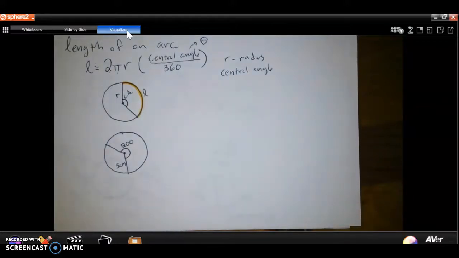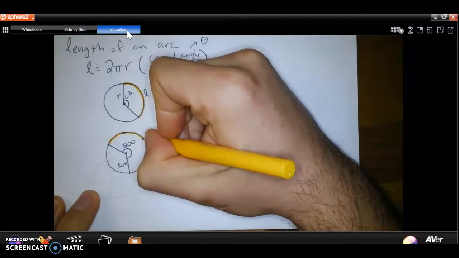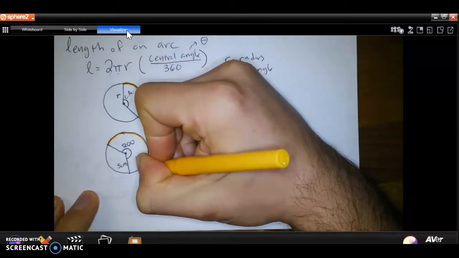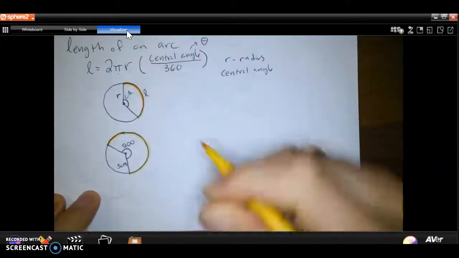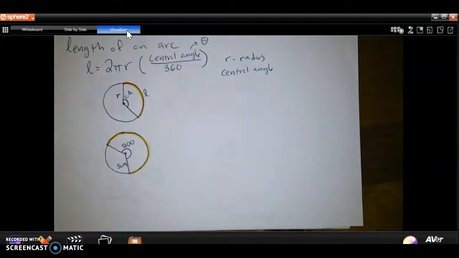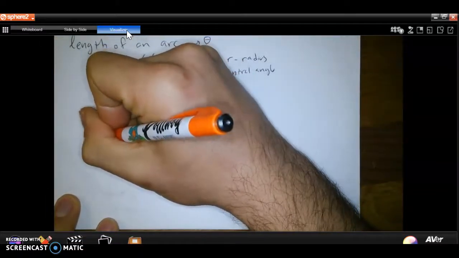So our goal is to find this arc length here, right? And remember, we annotate arc length. Let's actually write out the name of this one. Let's call this BST.